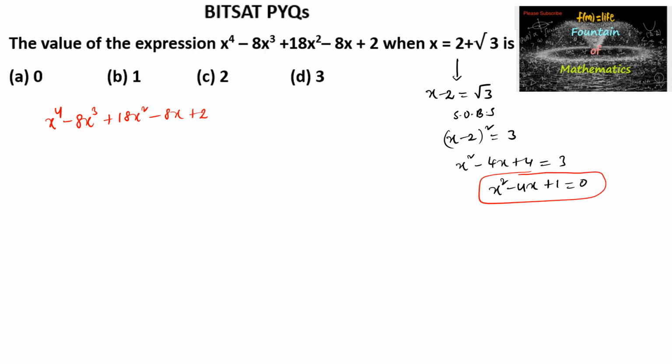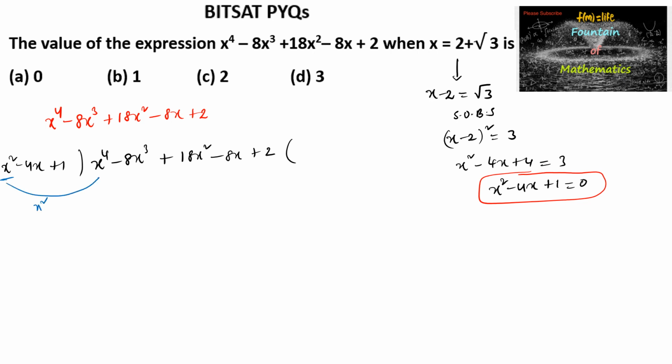Now let us divide this expression by x square minus 4x plus 1. x power 4 minus 8x power 3 plus 18x square minus 8x plus 2 is divided by x square minus 4x plus 1. So here x square times, you will get x power 4.